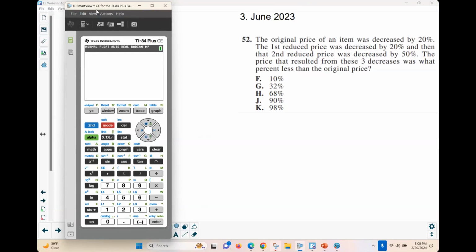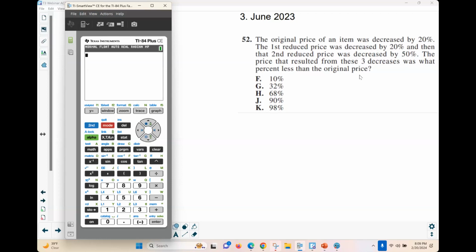All right, so this one, I would hope students wouldn't do it by hand, but you might want to, okay? Unfortunately, a lot of them would multiply the 20%, the 20%, and the 50%, and get an answer that might be there, and it would, of course, be wrong. So for here, what I would suggest is it says the price that resulted from these 3 decreases was what percent less than the original.